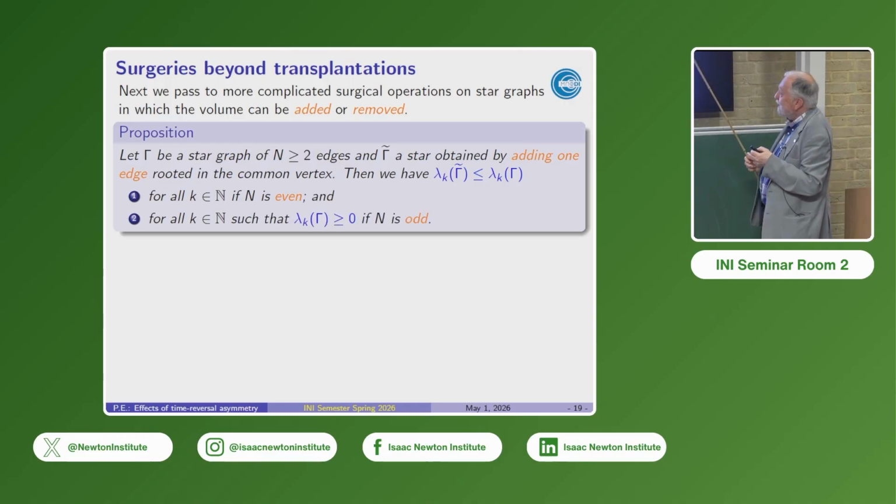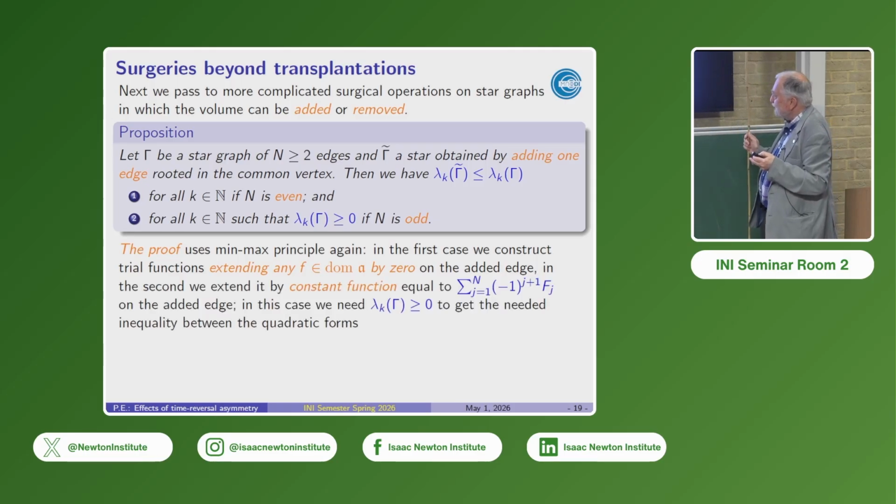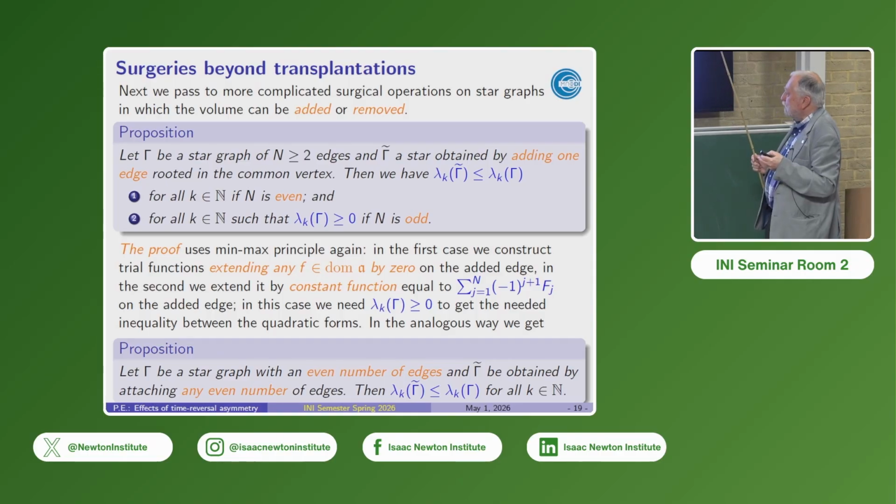It's not a sharp inequality, and the same will be true generally if n is odd. Again, that's the minimax; as I said, I will skip the proof. So in such a way I come to the conclusion that attaching an even number of edges to the graph will again push the eigenvalues, and not only the ground state, down.